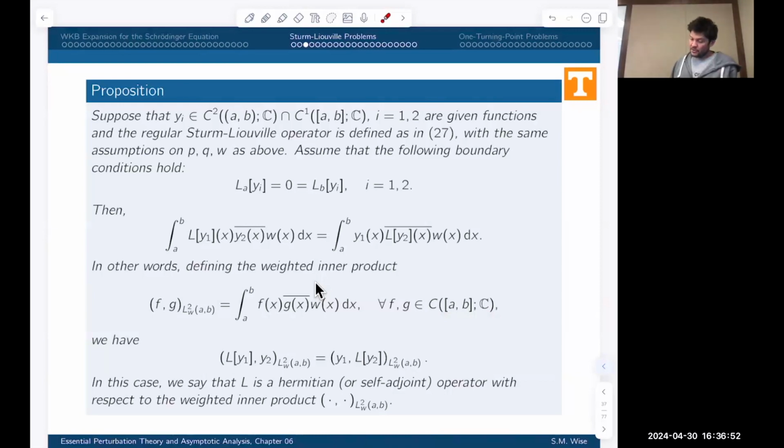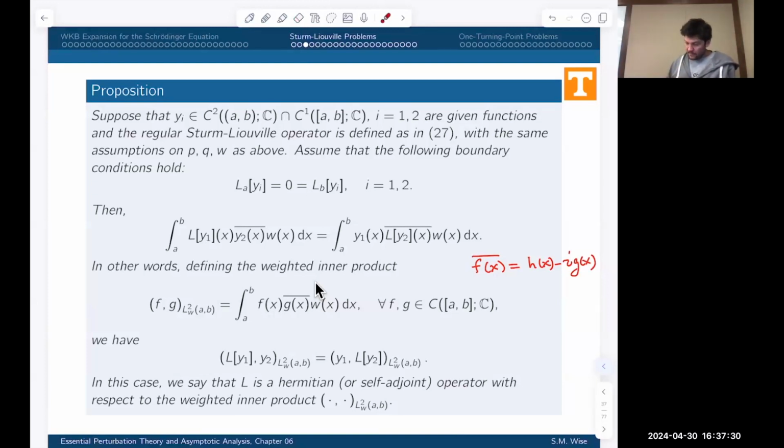Okay, so do you all know how to take the complex conjugate of a function? If f is a function from that function class, then it has a real part, which I can call h, and an imaginary part, which I can call g. And so the complex conjugate of that would be, you just negate the imaginary part.